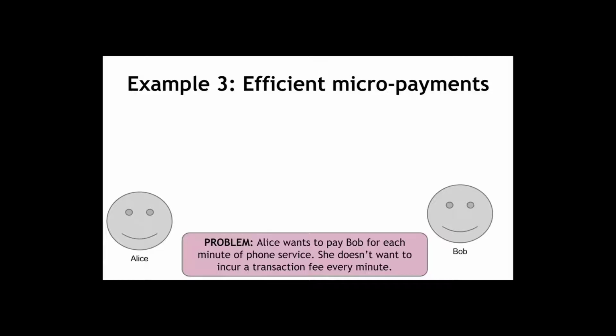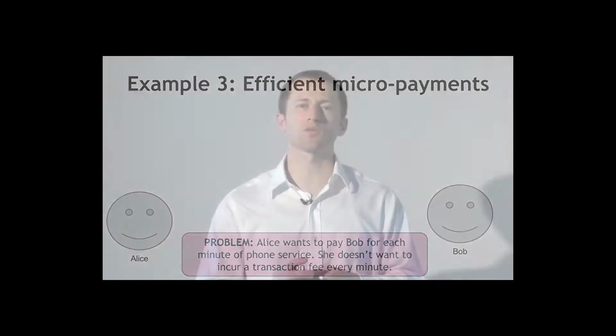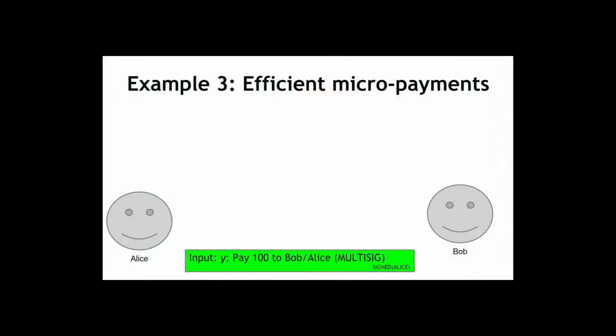Now, the problem that you're going to get into in that system is that those transactions might be all very low value, and the transaction fees might really kill you. So if the value of each one of these transactions is on the order of what the transaction fees are, you're going to be paying quite a high cost to do this. So what we would like is if you can combine all these small payments into one big payment at the end. And there's actually a neat way to do this with serial micropayments.